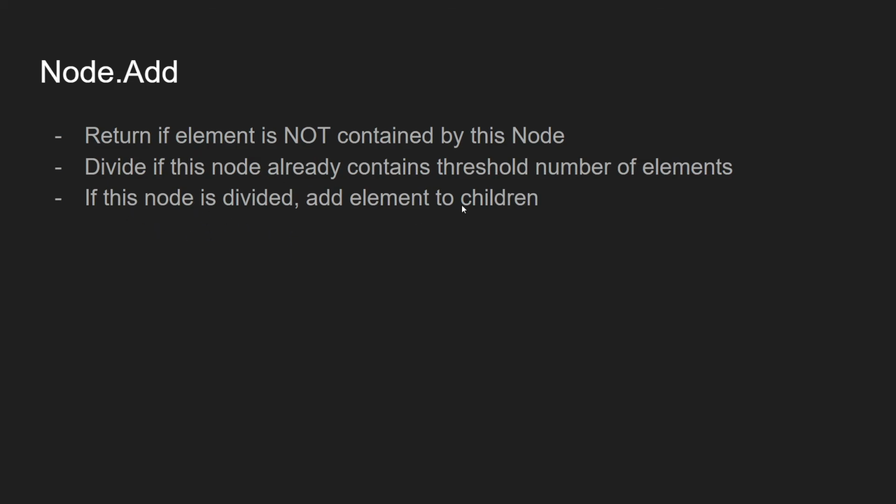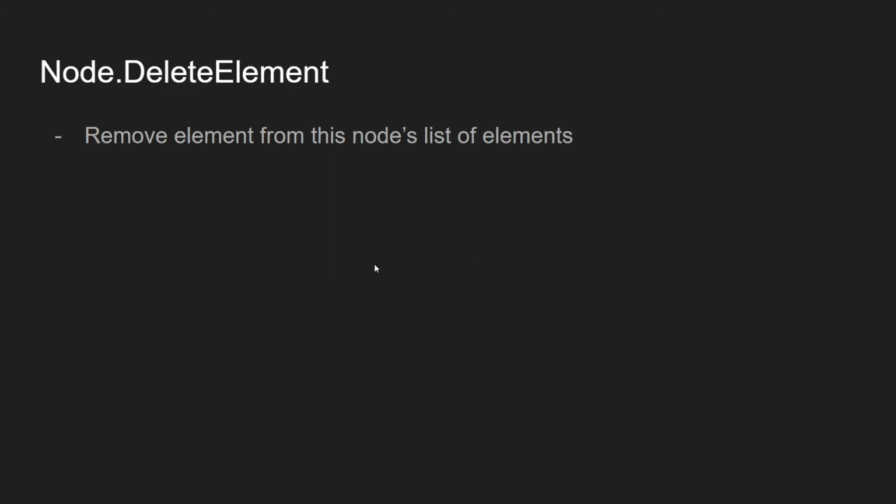If the node is divided, then we will just recursively call node.add on all of our children, and it'll perform all of the same stuff. If our node is not divided, so we've finally reached a child node which actually stores elements, then we will just add that element to this node. Next we have delete. So we'll just remove this element from this node's list of elements.